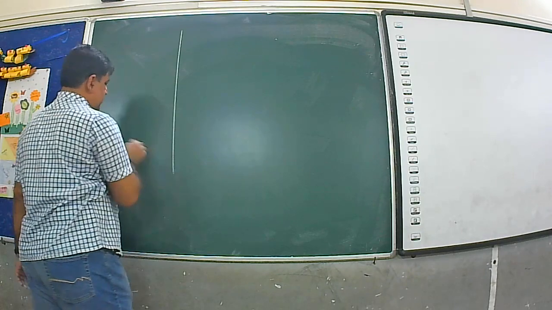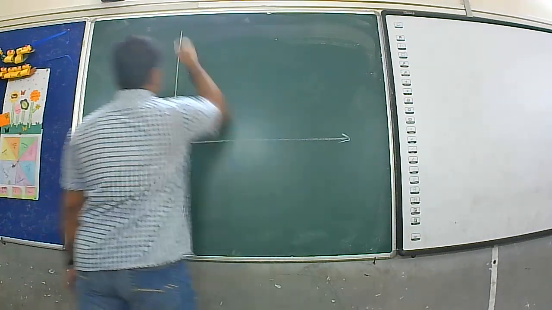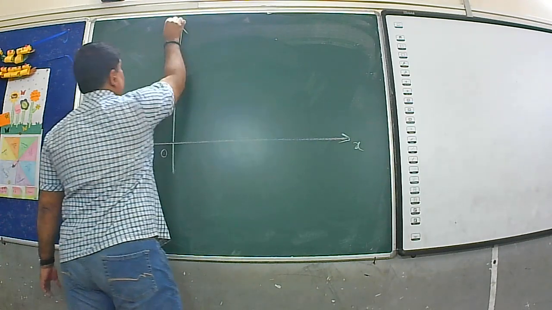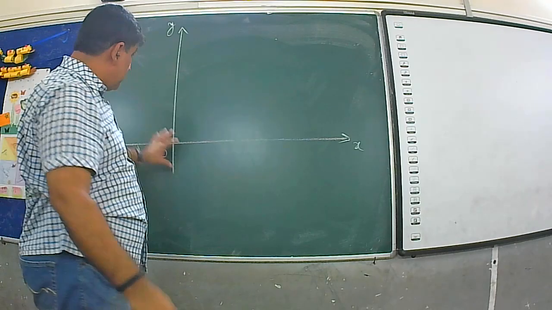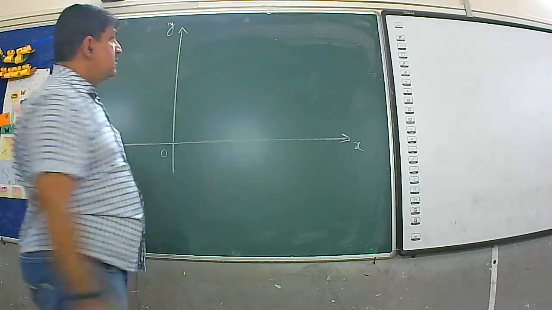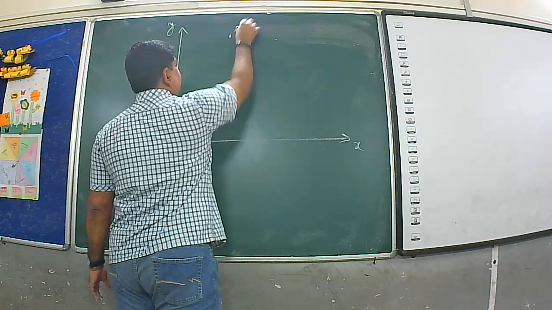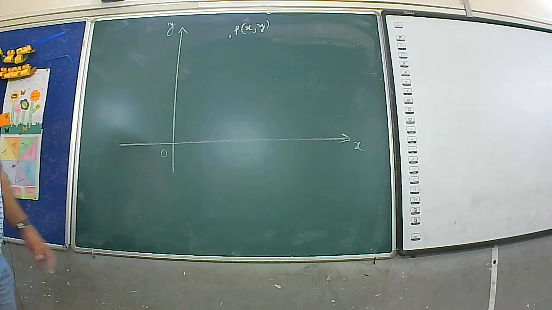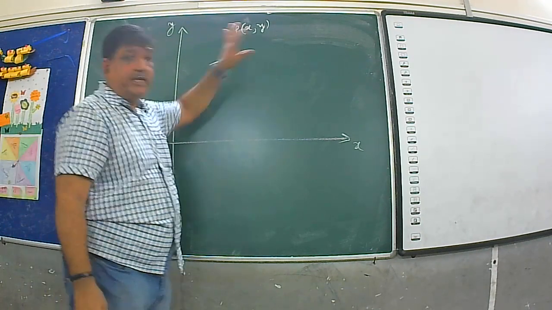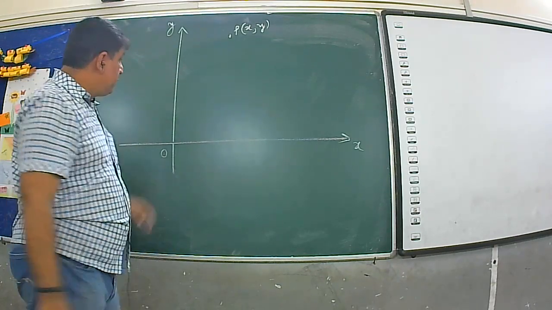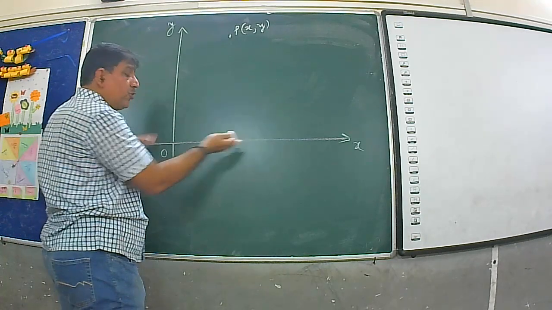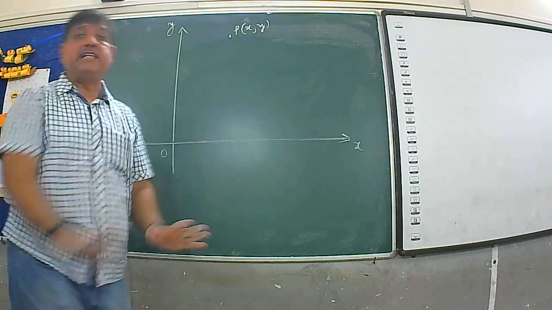Now you see here, suppose we have two axes. This one is origin, this one is x, this one is y. Now with this frame of reference, suppose we have a point P and it has coordinates x comma y. Now with this x and y, we want to find out its new coordinates if the axis is rotated by an angle theta.